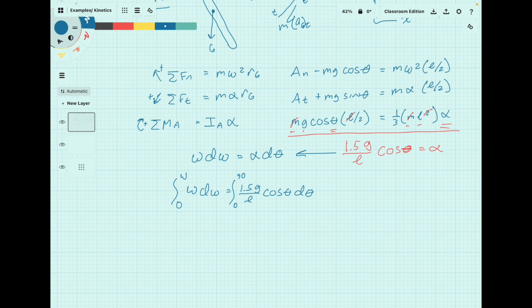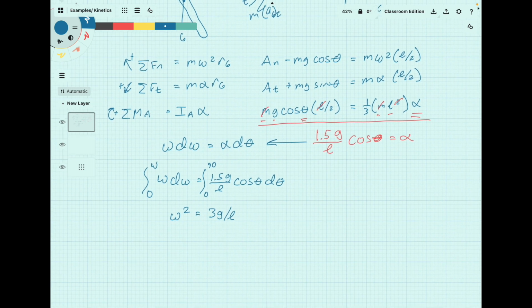Taking that integration and plugging in the limits as they are stated there, we get omega squared is equal to 3G over L. And from there, that can go back up into our AN equations, or our equation of motion in the n direction.